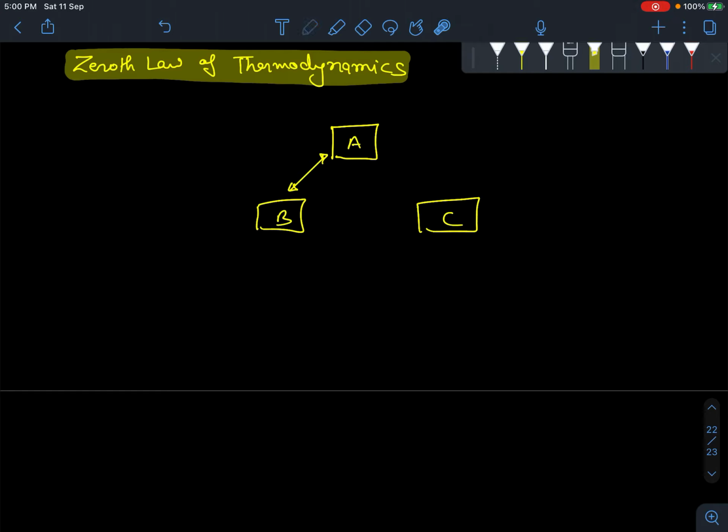And body B is in thermal equilibrium with C. So two bodies are in thermal equilibrium. The third body is in thermal equilibrium with one of them. So don't you think that all three will have the same temperature? Means they must all be in thermal equilibrium. That's what the statement actually means.